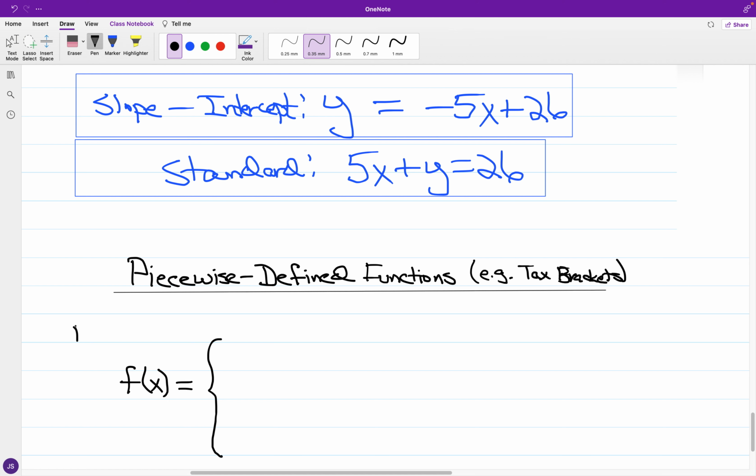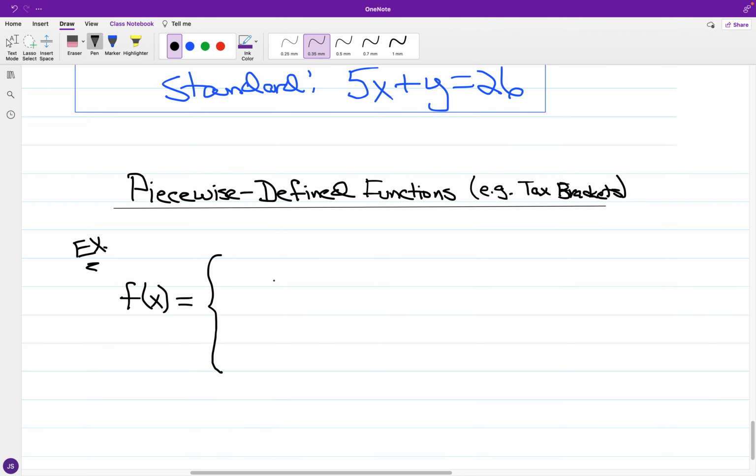Let's say that for a piecewise defined function, for a value y equals f of x, it is equal to -3x plus 4 if x is less than -2, just for the values x that are less than -2.